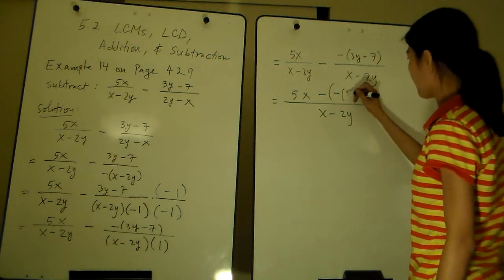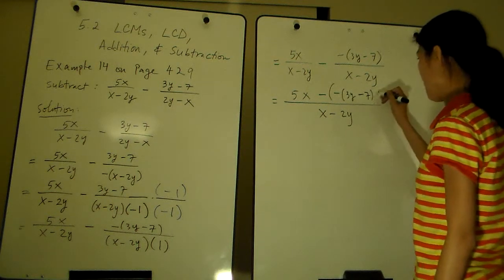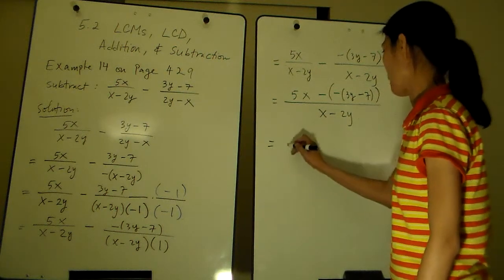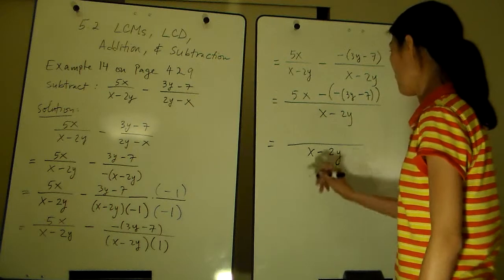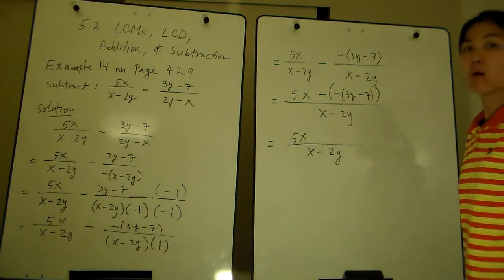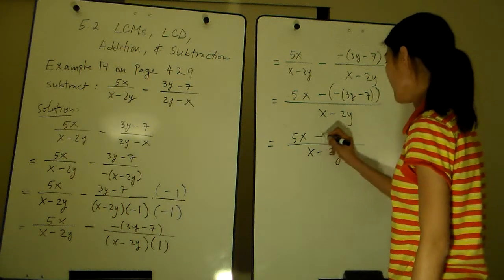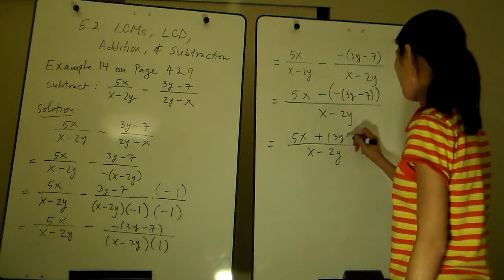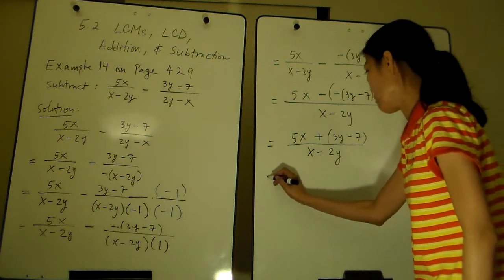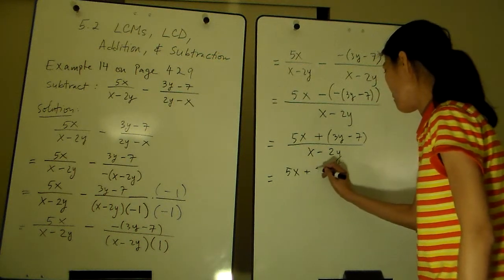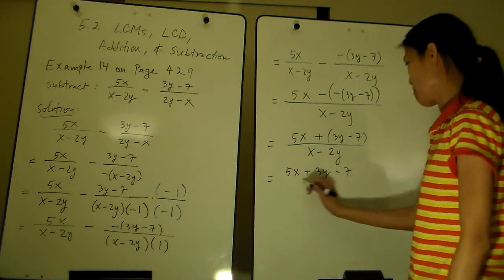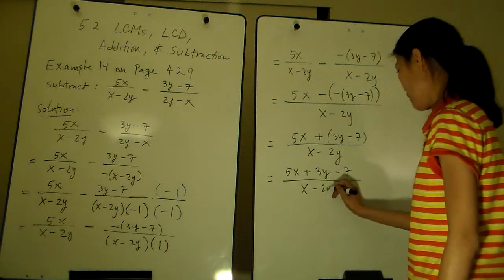And then 3y minus 7, over x minus 2y. 5x. Now, negative times negative is positive. So you would have positive of the whole thing, 3y minus 7. Simplify further, you have 5x plus 3y. Positive times this 3y, positive times this negative 7 is negative 7. Divide by x minus 2y.